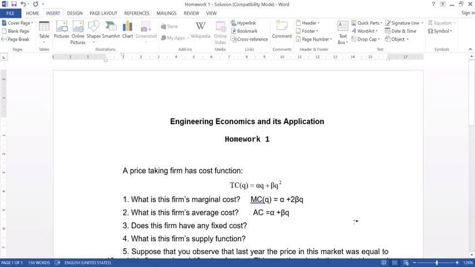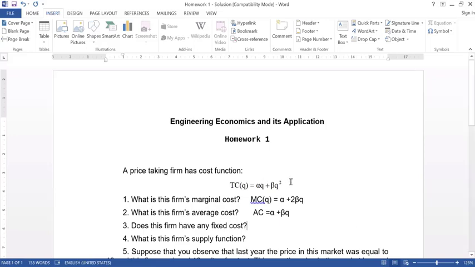Now question number 3. Does this firm have any fixed cost? In order to find the fixed cost, we set Q equal to 0 and then we find the total cost. Place Q equal to 0 in the total cost function, we find the FC, fixed cost.